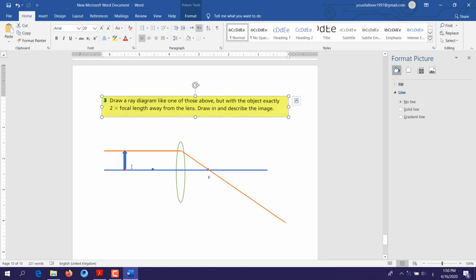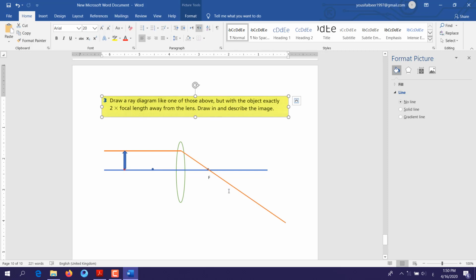Next step, from the red dot, the dot that shows the position of the object, to the ray, we will draw the object. Now we found the position and the size of the object. Now the next step, what is it? Now we have the object. Now we need to find the image of it.